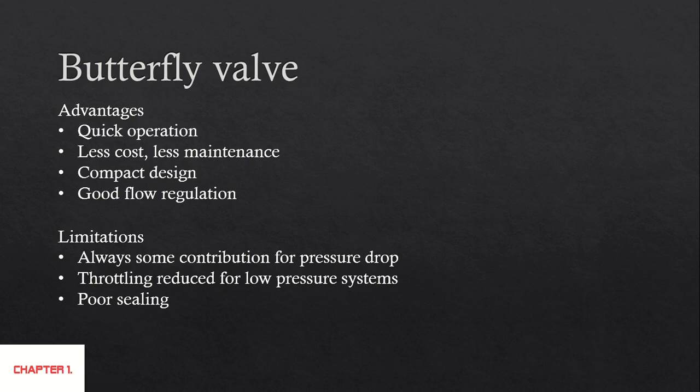And also, it has some contribution to the pressure drop through the butterfly valve, because even when the butterfly valve is in the fully open position, the disc is inside the valve and in between the flow that is passing through the valve. So it disturbs the flow and makes pressure drops more than the other valves in the fully open position. And also, poor sealing is another disadvantage in butterfly valves.